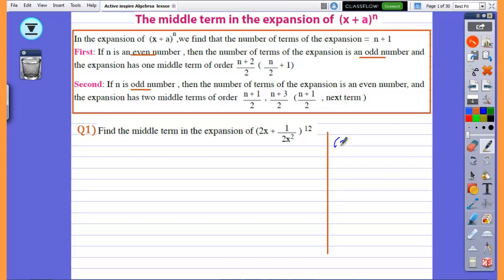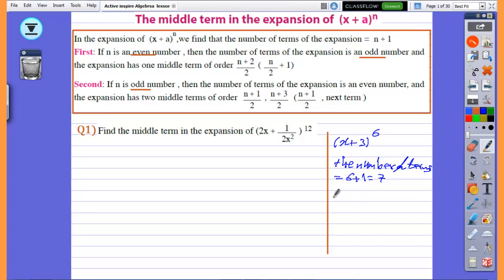In the expansion of (x + 3)^6, the power is even, so the number of terms equals 6 plus 1, which equals 7. So what is the order of the middle term?